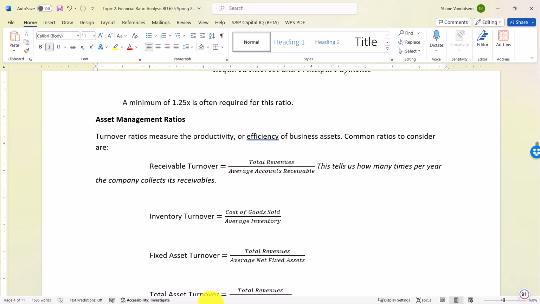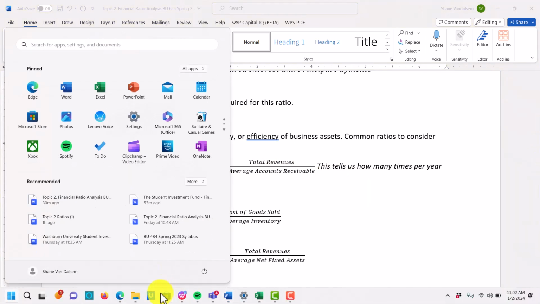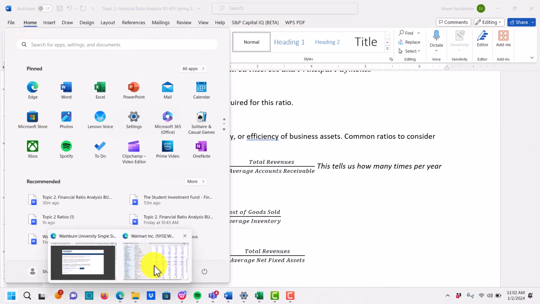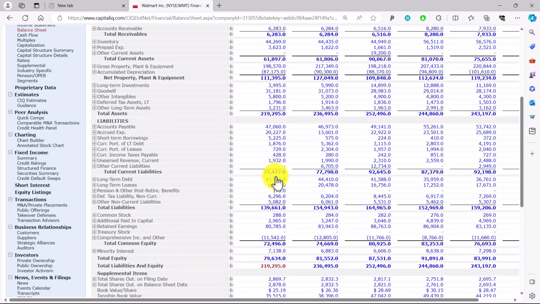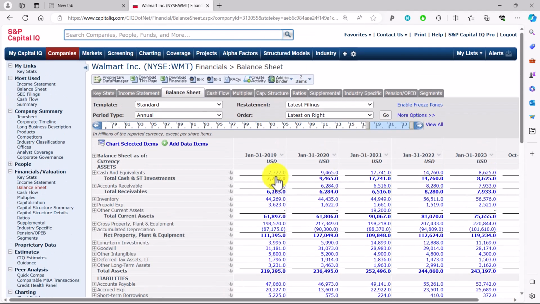Let's look out here at Walmart. We're going to see that they actually don't carry a lot of receivables, because if you go into Walmart and you buy something, they're not issuing you credit. So even if you pay with a credit card, Walmart's getting their money right then. They're not waiting 30 days to collect it. But when we have companies that sell business to business, oftentimes those companies will issue credit to the company that they're selling their product to.